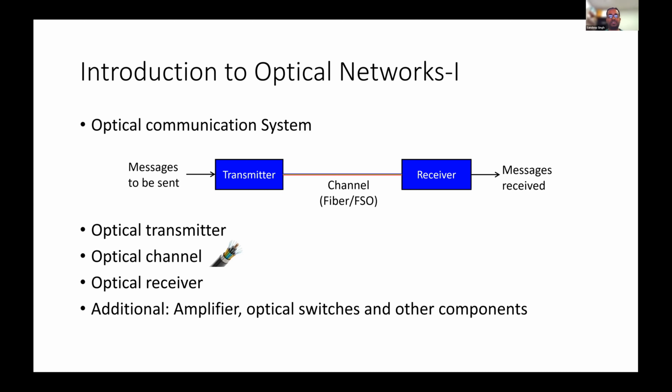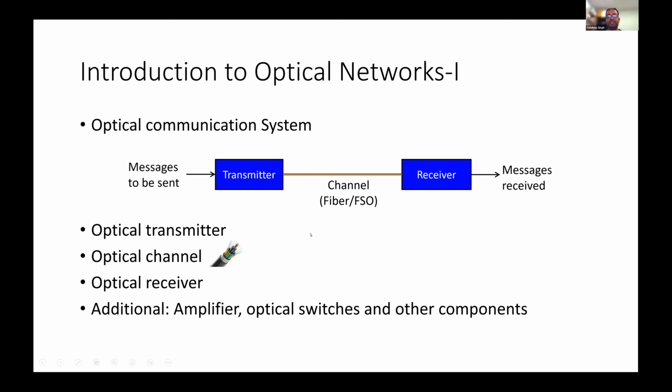An optical communication system, in its simplest form, should have an optical transmitter, an optical channel, and an optical receiver. The optical channel can be either fiber-based or free space. In this course, we will mostly cover fiber-based optical communication networks.